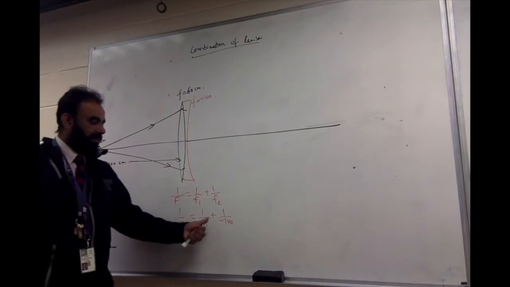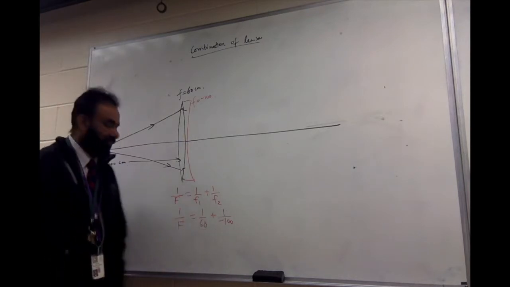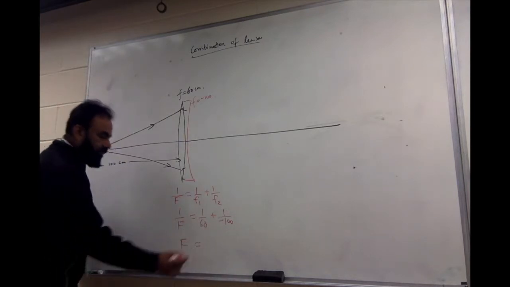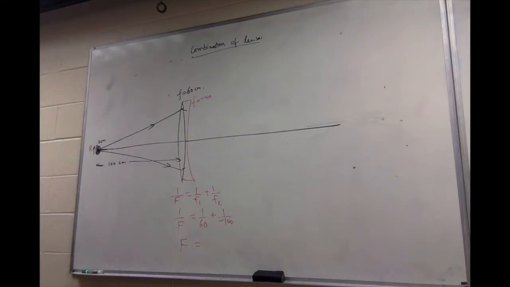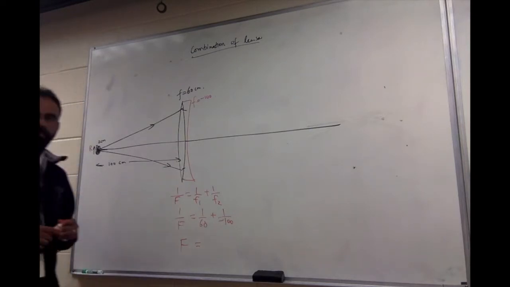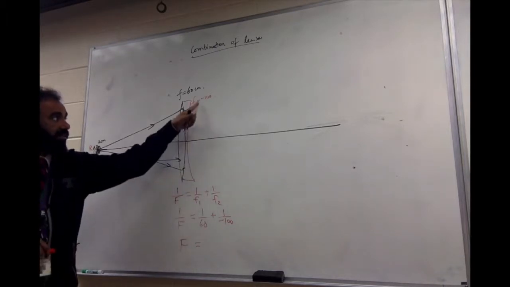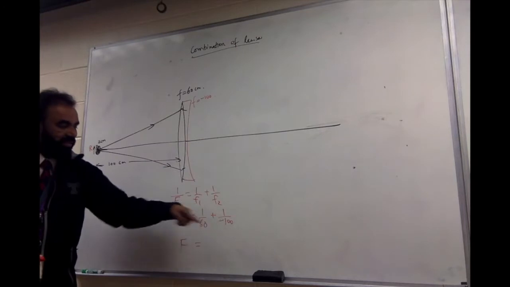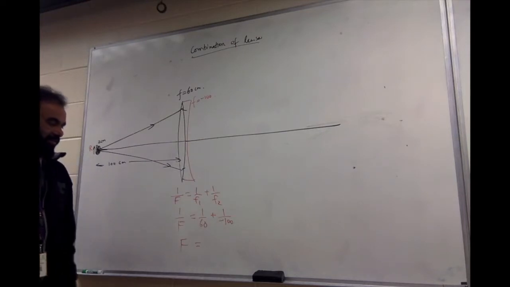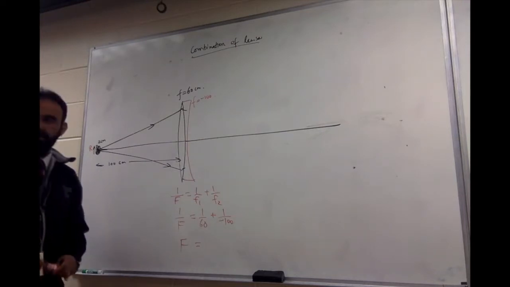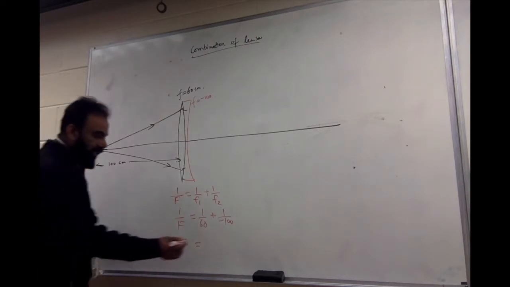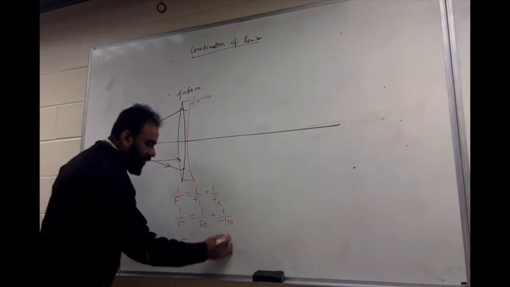So what is that? 1 over 60, and this is negative because it's concave, so I'm using negative 1 over 100. You're getting a positive 150.